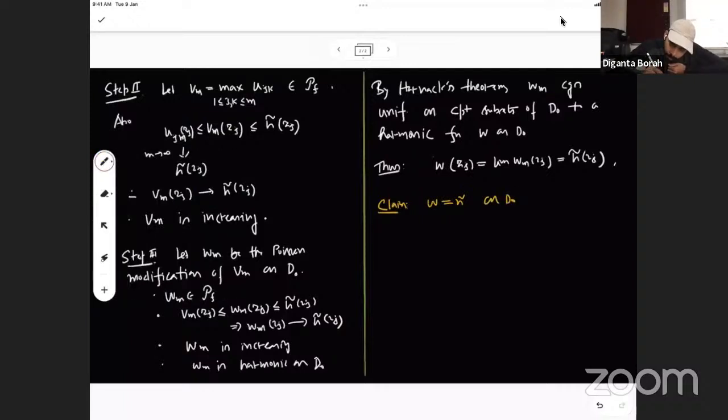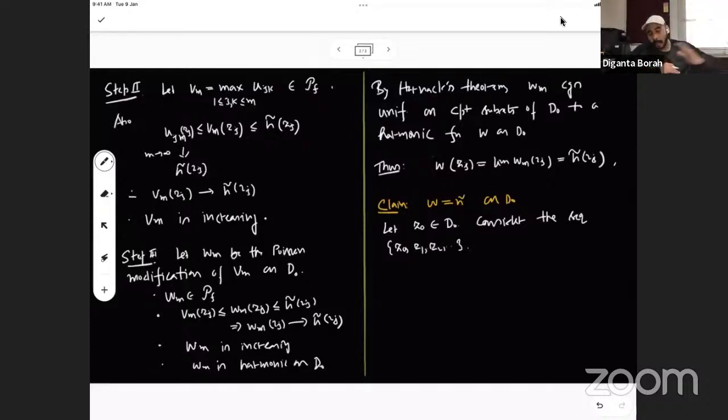So let Z naught be an arbitrary point in this disk. I'm going to add this point to the previous sequence to get a new sequence. So consider the sequence Z naught, and all other elements I do not change. I have just added this additional point to the sequence.